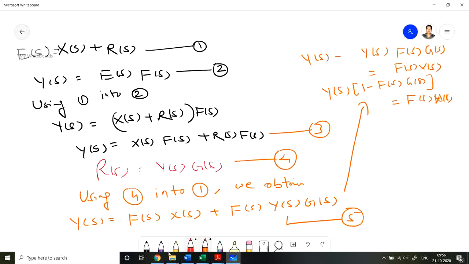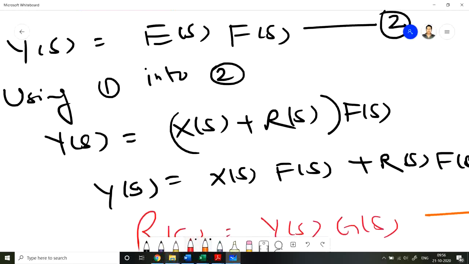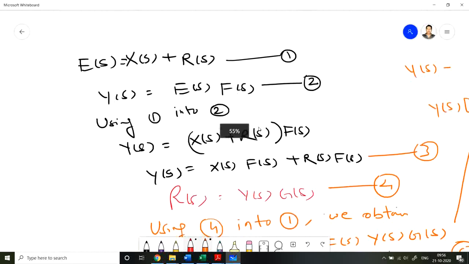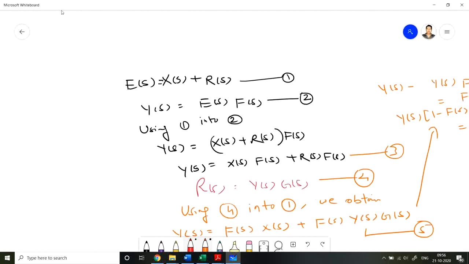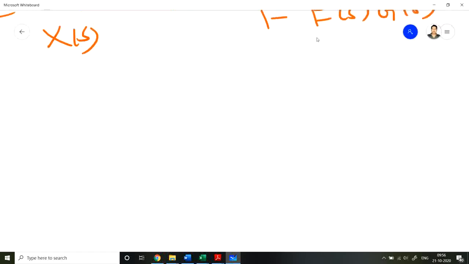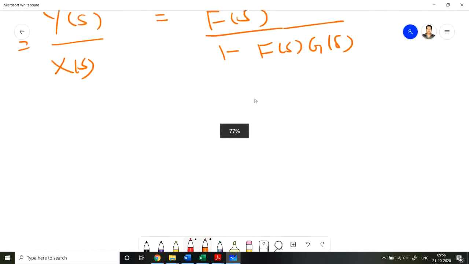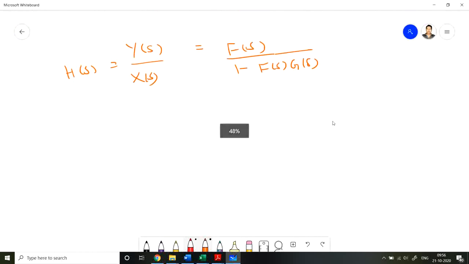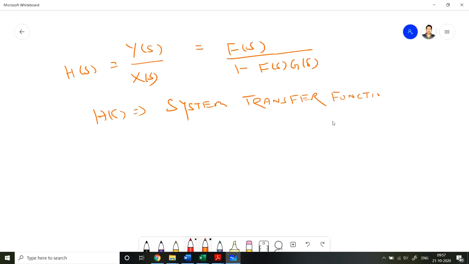So H(s) is the system transfer function, and H(s) is equal to F(s) divided by 1 minus F(s) into G(s).